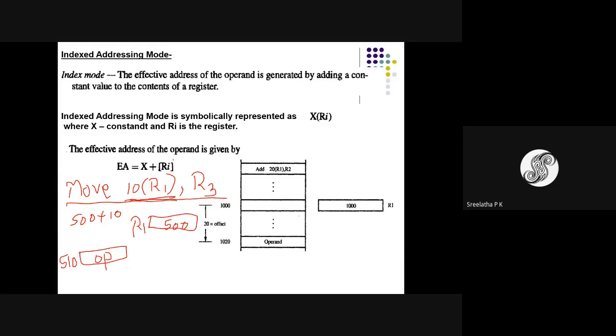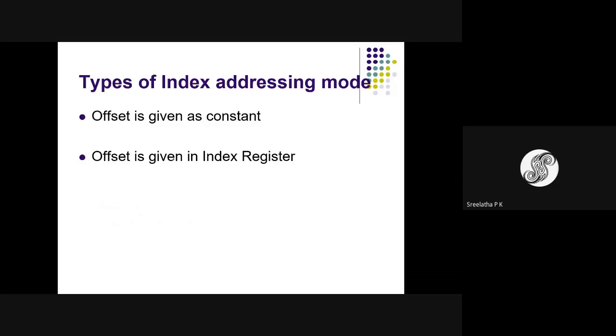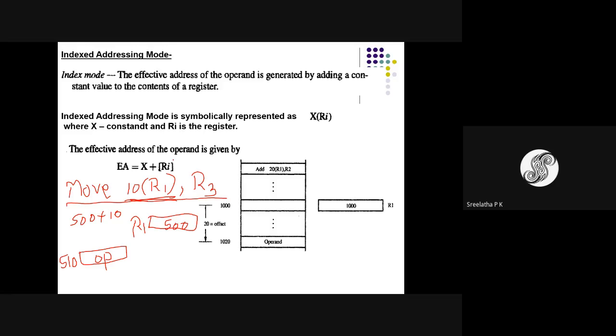Fine, this is indexed addressing mode. Now there are two varieties, two differences in indexed addressing mode. We'll see what this difference is. Offset means what? This displacement from the base address, by how much it is moved, by how much I can retrieve the operand.